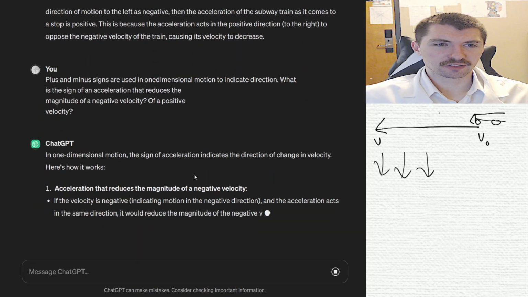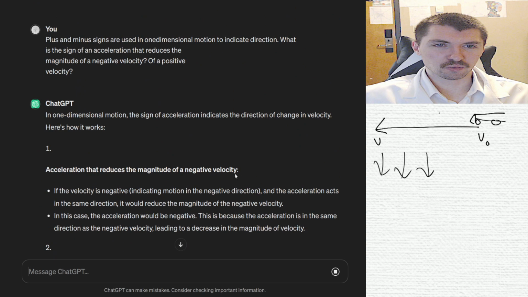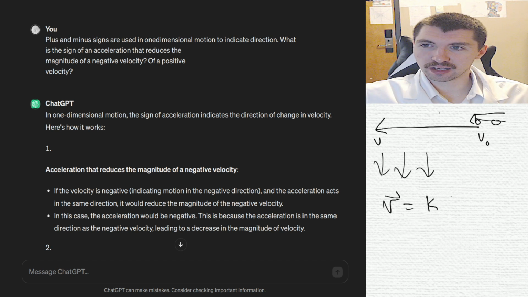Plus and minus signs are used in one-dimensional motion to indicate direction. Okay, so I think what this is talking about is you have a velocity vector equals some constant k times some direction vector u.